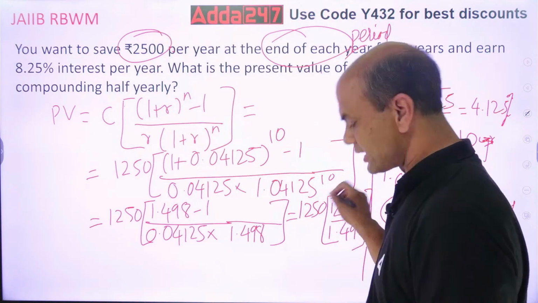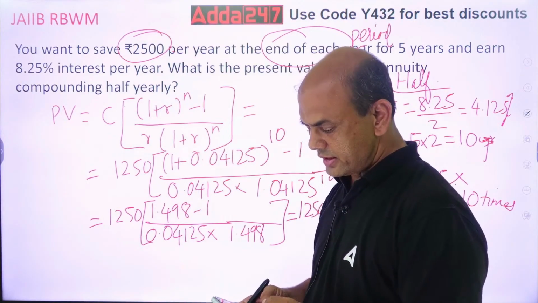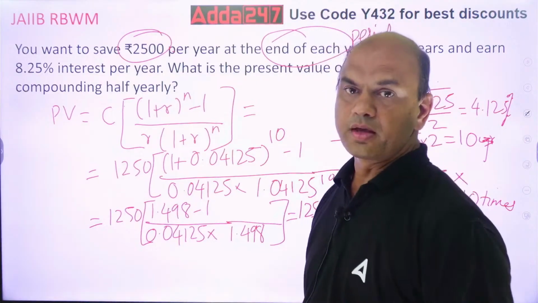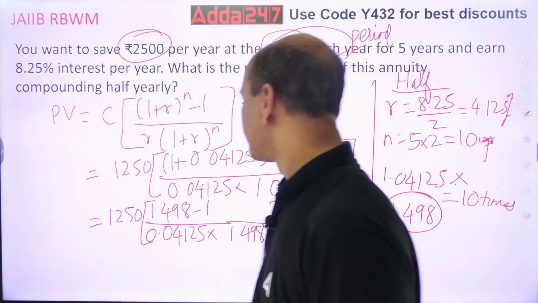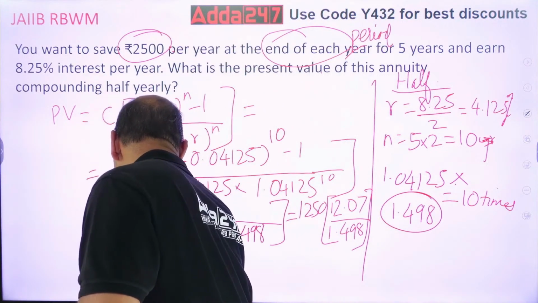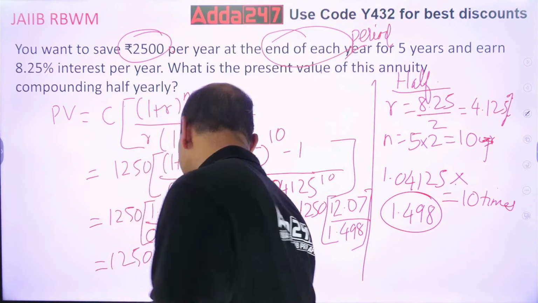Now get the answer. Divided by 1.498. Everywhere keep the habit of writing. So it is 8.06. So 1250 into 8.06. Now get the answer.